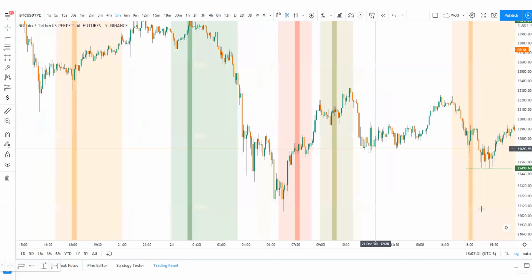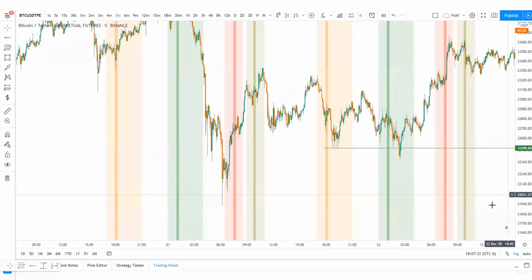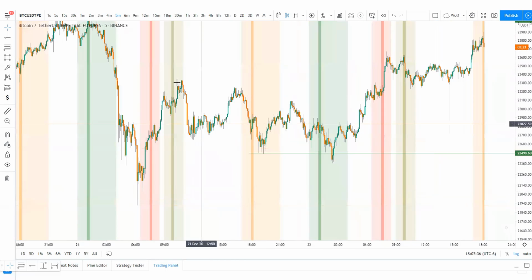And really, most importantly, I guess, would be to just see how things are shaping up throughout the day. Like, what did it do in this kill zone? What did it do in this kill zone?